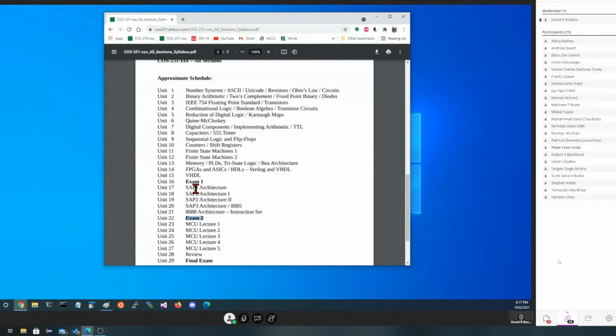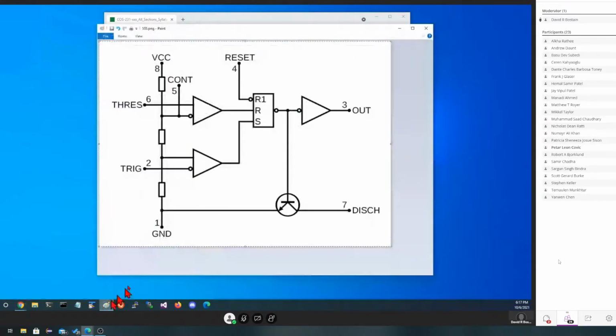Okay, let us look at, wait, I probably have that open already. This is the innards of a 555 timer, as you recall.